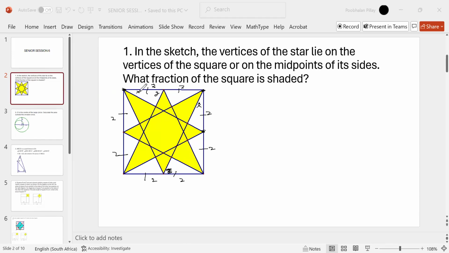So this angle here is x. This is y. But you'll notice that, let's have a look at this angle here. This angle is also x. Because this triangle here, I'm sorry, this triangle is one of those triangles we were speaking about.